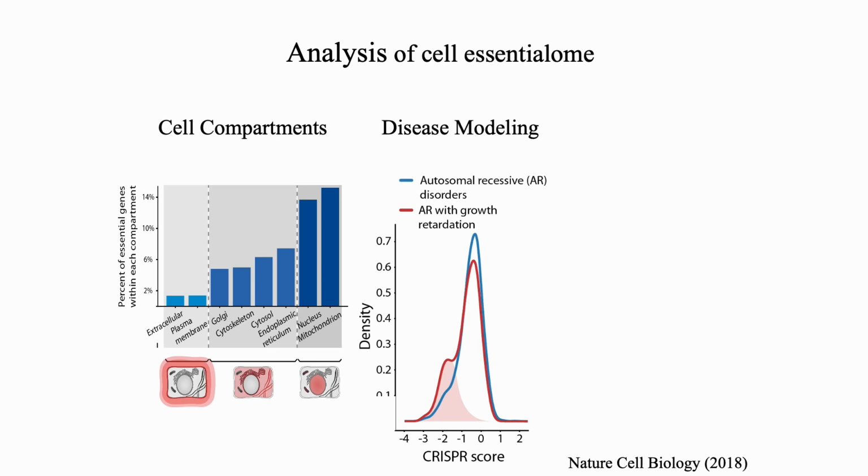Because now we could mutate all the genes in the human genome, we could also ask really broad questions about human disorders, because now we modeled all genetic autosomal recessive disorders. So we asked ourselves, out of the autosomal recessive disorders, those genetic disorders that have growth retardation, in what percentage of them does the growth retardation start at the first week of life, even before we have the different tissues.